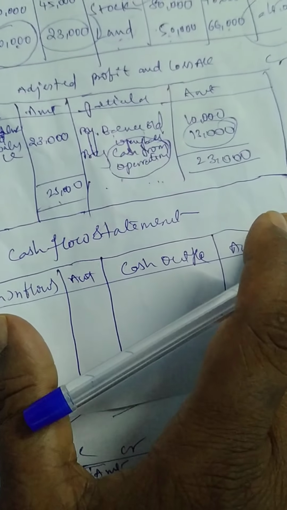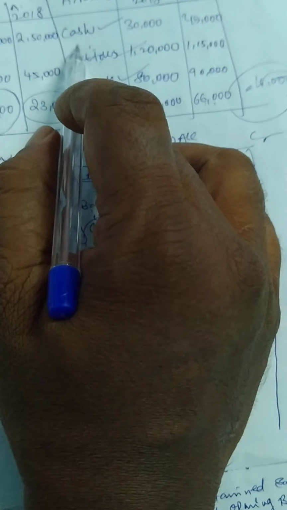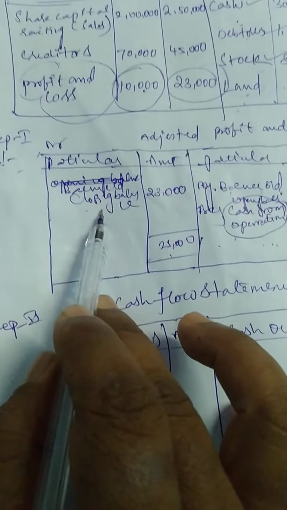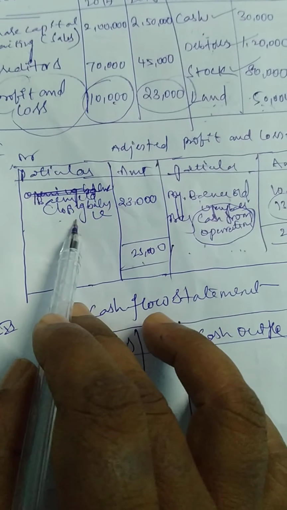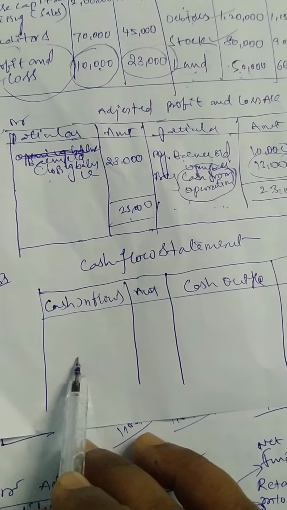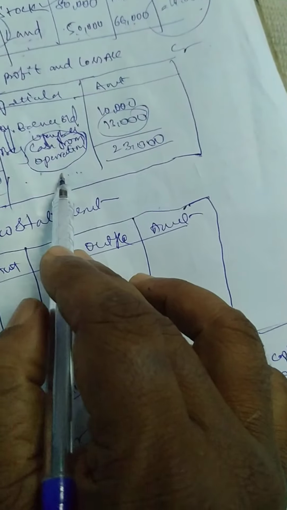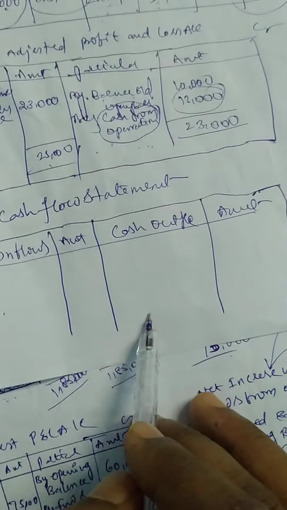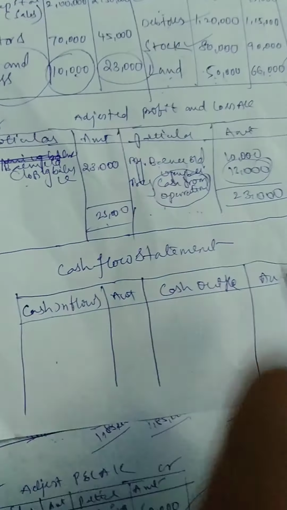So what are the inflows and what are the outflows? I already said that cash. Opening balance of cash. There is a difference here: in the adjusted balance we take the closing balance, while in the cash flow statement we take only the opening balance. That is the difference, quite opposite.